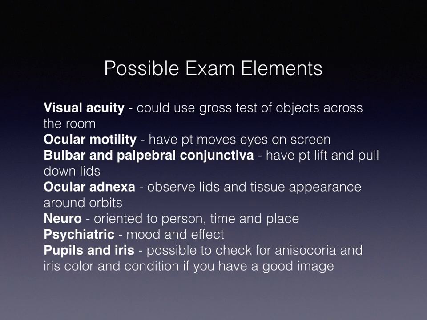Let's talk about some possible exam elements. Let's talk about visual acuity. Now, of course, we're all used to measuring 20/20 or so acuity in the exam room, but we also have a use of gross test of acuity. So as an example, you might ask the patient, do you have a clock across the room from you? Do you have the cable box across the room from you? And it's yeah, it's 10 feet away.